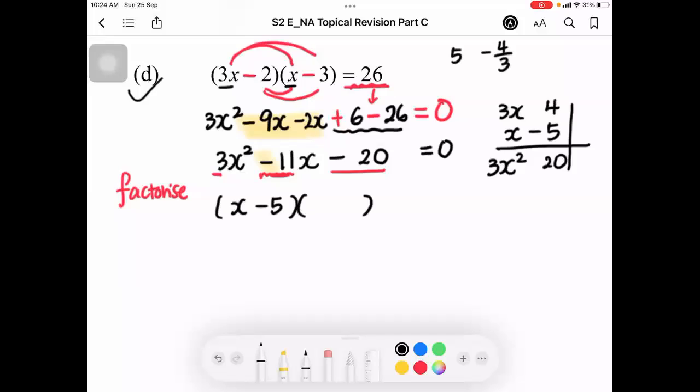So this one is 3x plus 4. Let's check. This is for x: negative 15x. Add them together, negative 11x. Positive times negative equals negative. So this answer is correct.